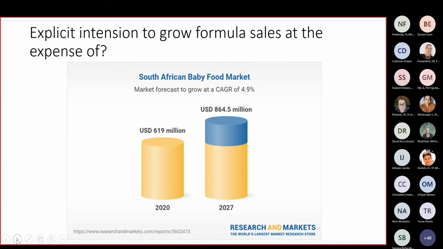So if we think company A is taking the market share from company B, how is it possible that we can have projections of increased formula sales? And Tanya also showed very nicely how those formula sales are increasing against a very stagnant breastfeeding curve. And so that actually means that it is coming at the expense of breastfeeding. So you cannot be increasing your sales if you are not getting more women to move towards formula.